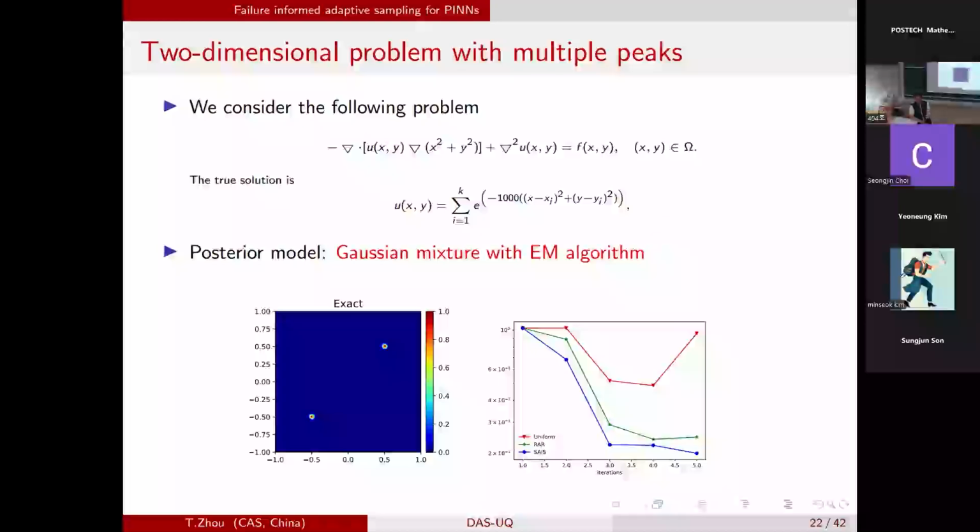Residue is only one possible way to do this, but you can also use the solution itself as an indicator and many other things to do. But here, for PINNs, the residue is very natural to use, because PINNs is minimizing the residue. If you can't minimize this residue in a uniform way, you will not do a good job.